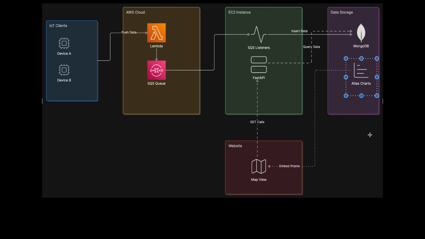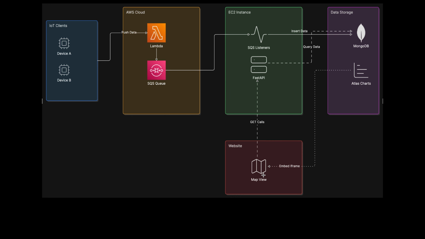The website has 3 pages: a home page, which for now is just a button which takes you to the locations page. However, it will be updated later. The locations page is a map view, which has markers on all the different locations which IoT clients are at.